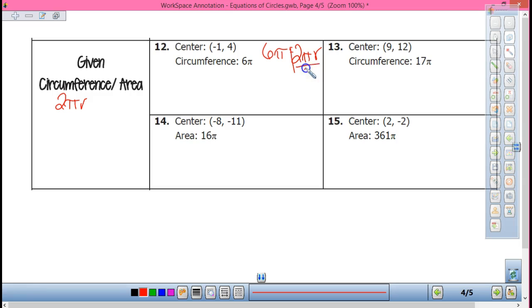So what do I have to divide by? 2 pi. My pi's cancel. r is 3. And there you go. Remember to square your r.